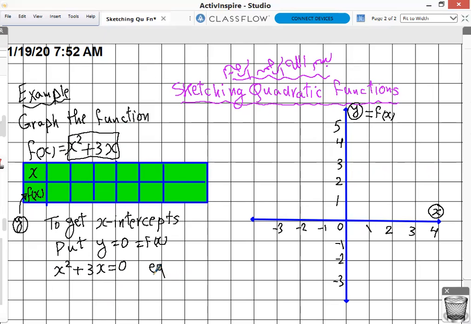If you put terms of the function equal to 0, it will be changed into what? Equation. Okay? To get the values of x, you must solve for x.